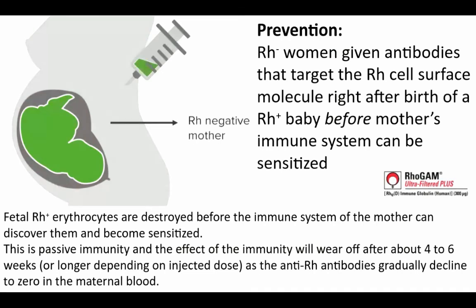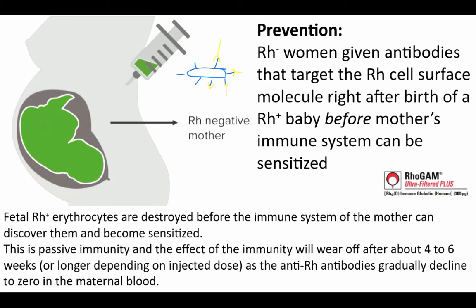What happens is, if the fetus is Rh positive, my fabulous drawing of a red blood cell with Rh positive antigens. The antibodies essentially cover all of the antigens that are present on any fetal blood cells that are in circulation.